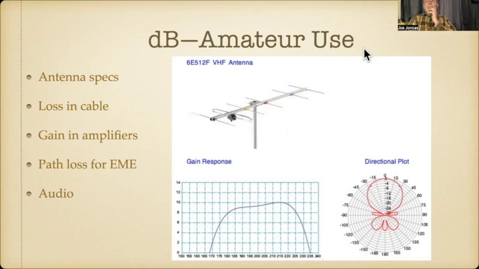So I understand that. What I don't get is how do you map the 0 point on the directional plot to this gain response table? You say it's 10 dB, but how do you know that? I know that this point right here is the maximum gain of the antenna. Oh, and then you look over here at this other chart and you see the maximum gain is 10 dB.